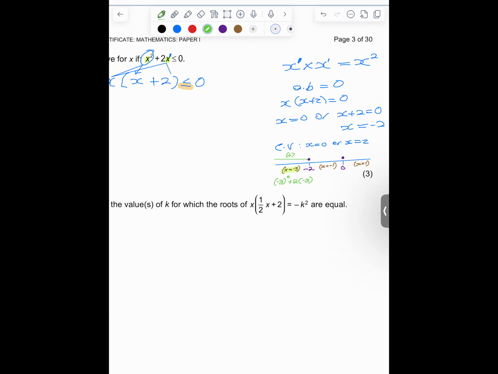We don't care about the value that you found. We care about the sign of that value, which is positive.